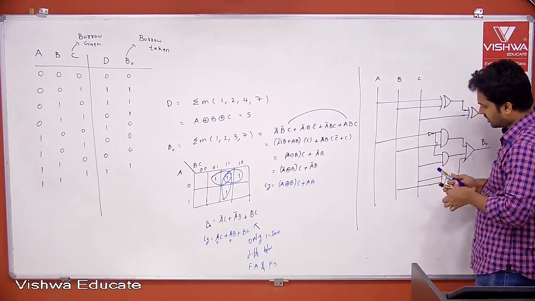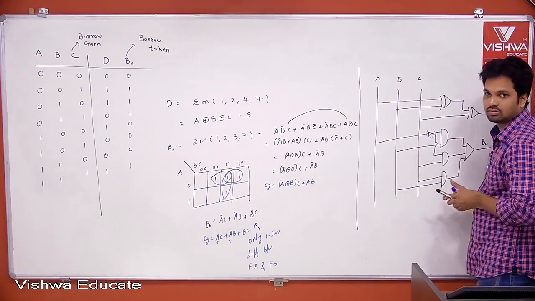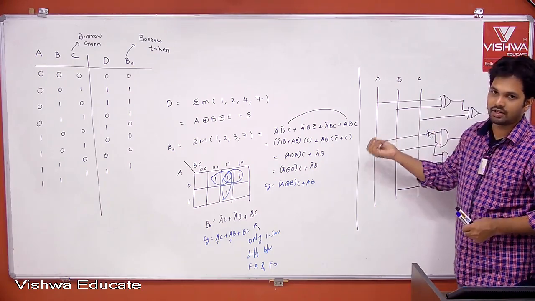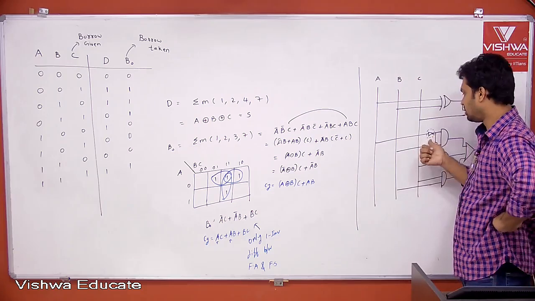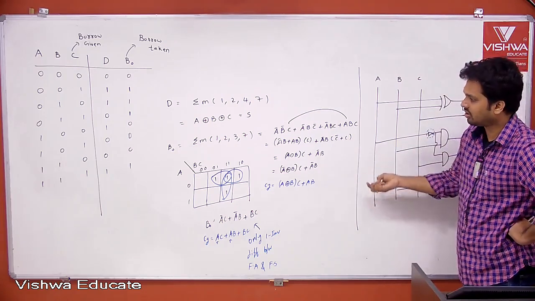Only extra here you can see is this inverter is extra added. So one extra inverter is required compared to your implementation point of view. One extra inverter is required in full subtractor compared to your full adder. That is the concept of full subtractor.